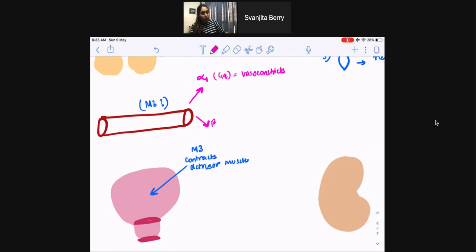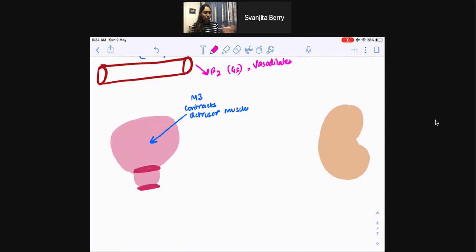But there's also beta 2, which is a Gs. Remember, all the betas were Gs. And this actually vasodilates my blood vessels. So I have opposing functions of two receptors within the sympathetic branch: alpha 1 vasoconstricts and beta 2 vasodilates.